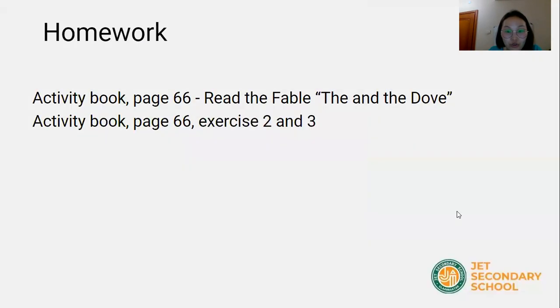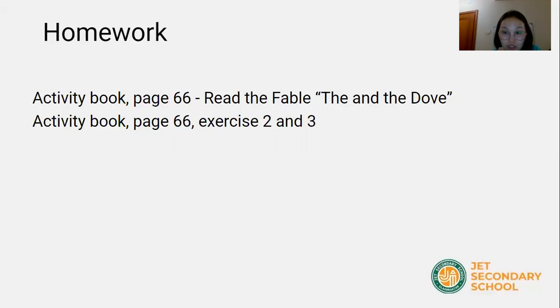Okay, now it's your turn to work on the fable called The Ant and the Doll. Sorry, I misspelled the word. I want you to read the fable, which you can find in your activity book, page number 66, and make sure you understand the whole fable.